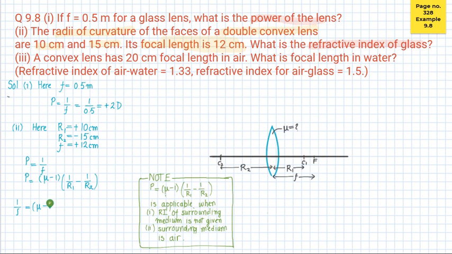Since this is a glass lens, I'll put a G here. Similarly here I'll put a G. So mu G minus 1 upon R1 minus 1 upon R2. Right?